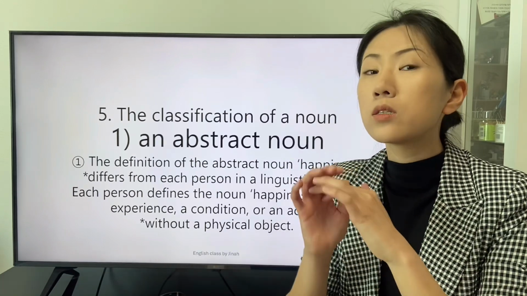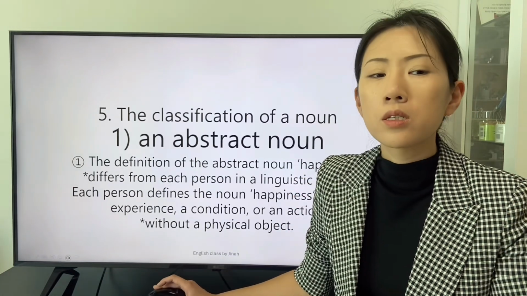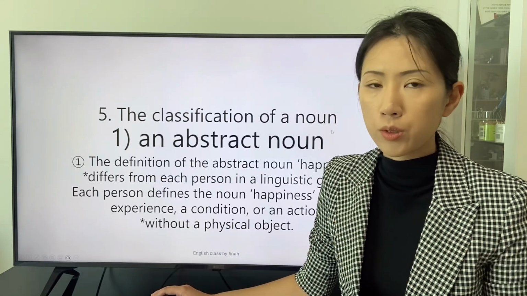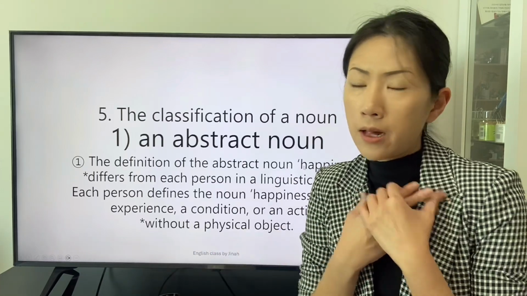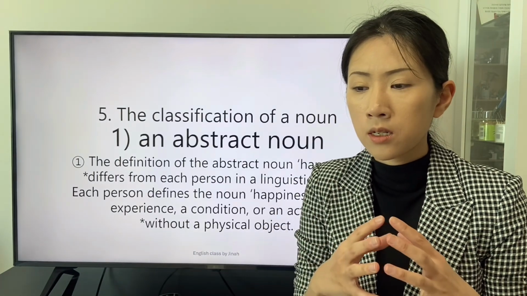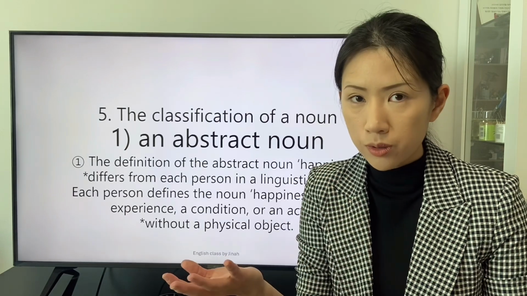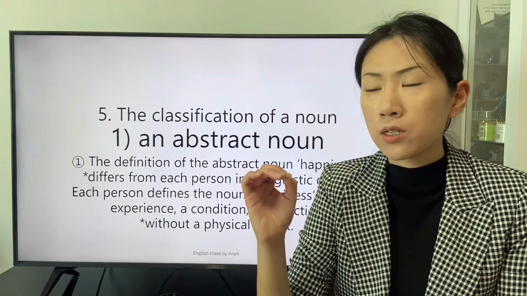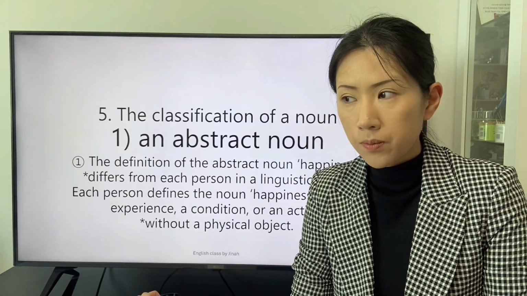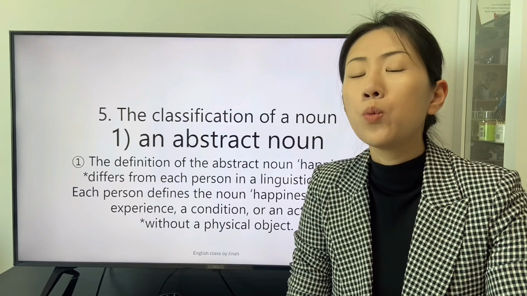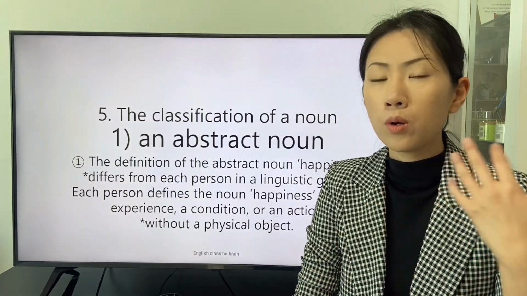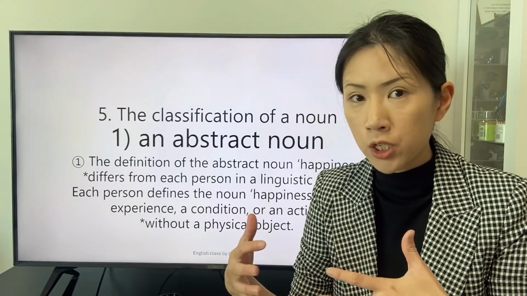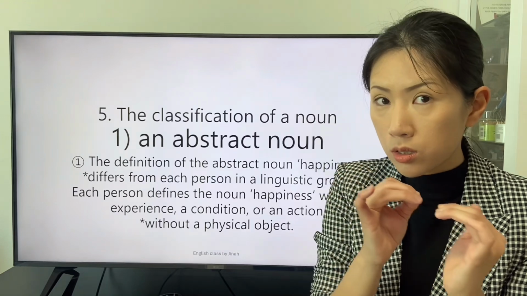The definition of the abstract noun happiness differs from each person in a linguistic group. If I tell you happiness is gratitude from smelling the well-dried laundry, you will or will not agree with my subjective definition toward happiness.